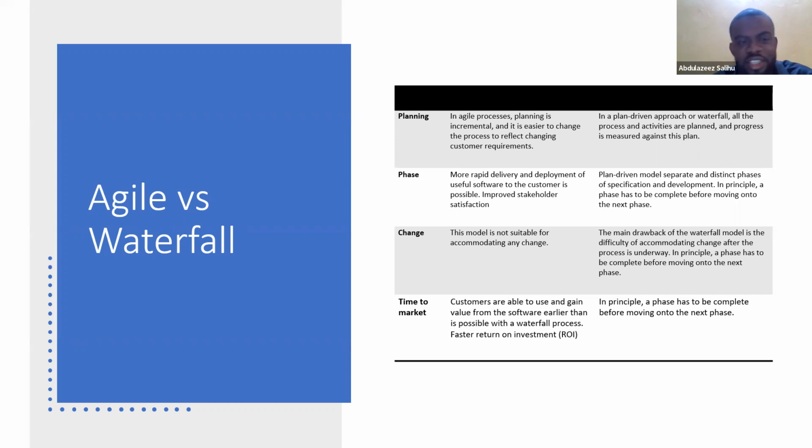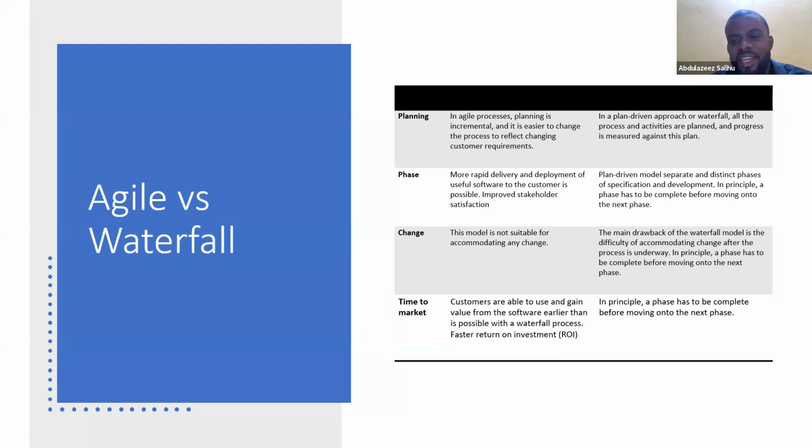The next major distinction between these two approaches is the phases. In the adaptive model, otherwise called the Agile model, you deliver more rapidly and deploy useful software to the customer. So we'll practicalize all this in the course of this discussion.